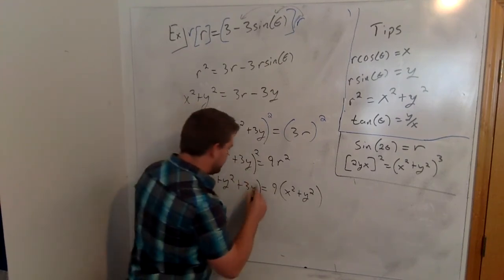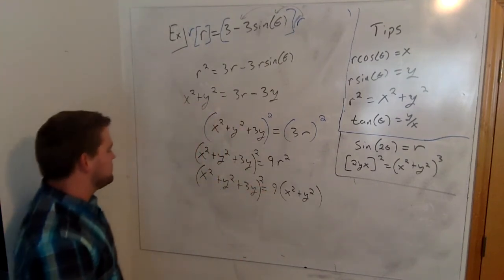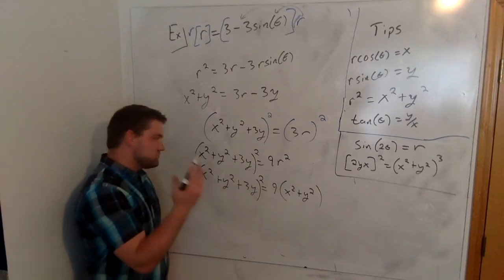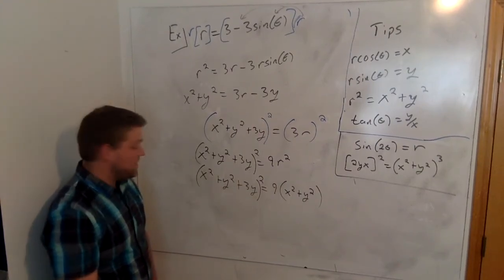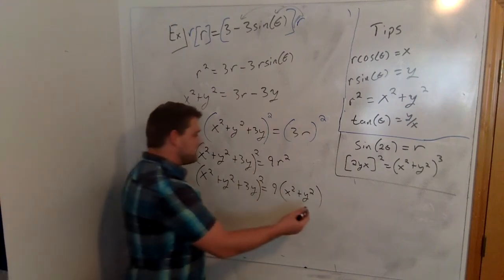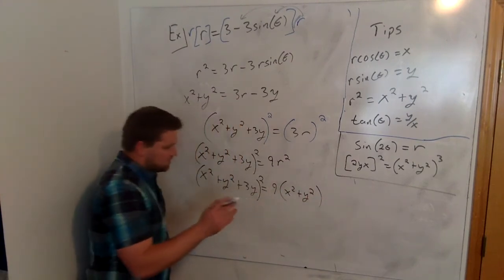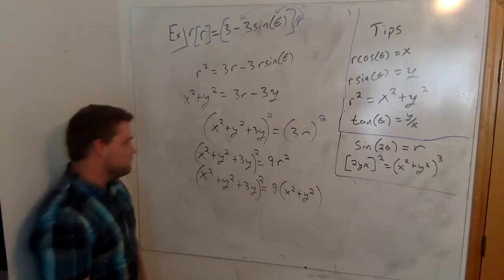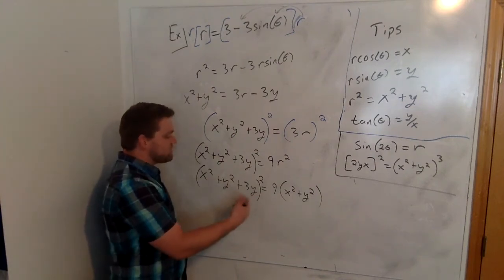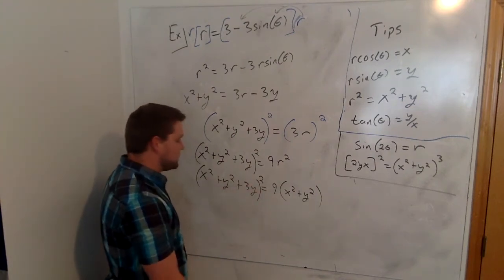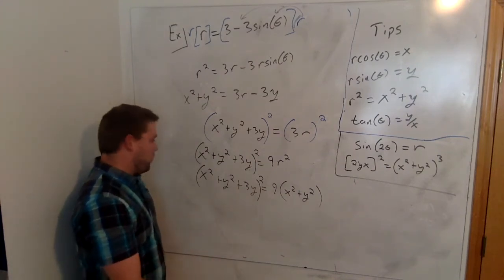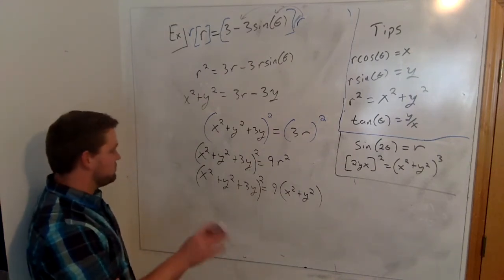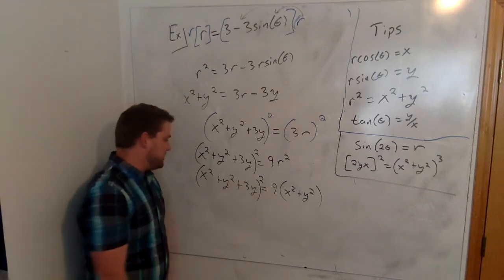Okay, and this is going to be another situation where there's really not much we can do here. I'm seeing x squareds and y squareds on the right. You might be thinking, maybe we could do some sort of factoring or completing a square. On the left-hand side, though, when you expand this, it's not going to be really friendly to work with. You're going to get things like x to the fourths, y to the fourth. You'll have x squareds times y squareds. You're going to have a lot of ugly pieces.